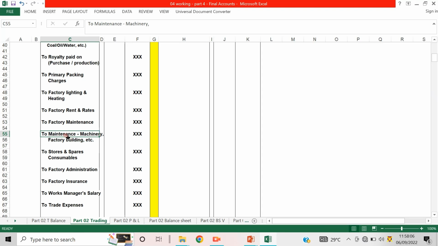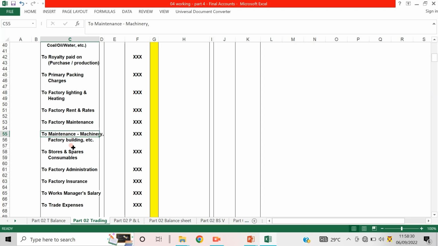Because the repairs of machinery, land and building, the major part, will be treated as a capital expenditure. So that should not come into profit, either in trading account or in profit and loss account. So maintenance of machinery and factory buildings means greasing, some small spare parts, all these things will come under this account.